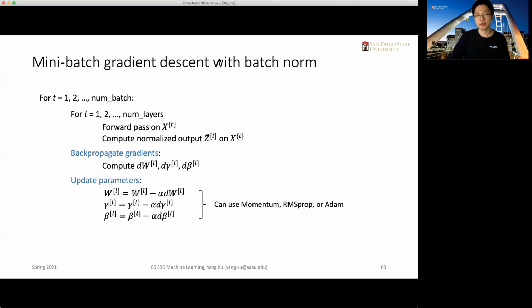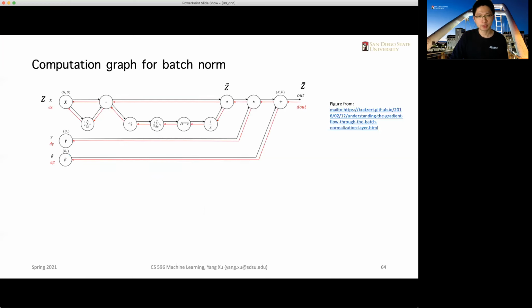All right, so if we describe the computation graph for batch norm, it's actually quite complex because we have so many operations involved here. Like we have Z's, we need to introduce gamma and beta into the computation. We need to compute the summation and the average value, subtracting, right?